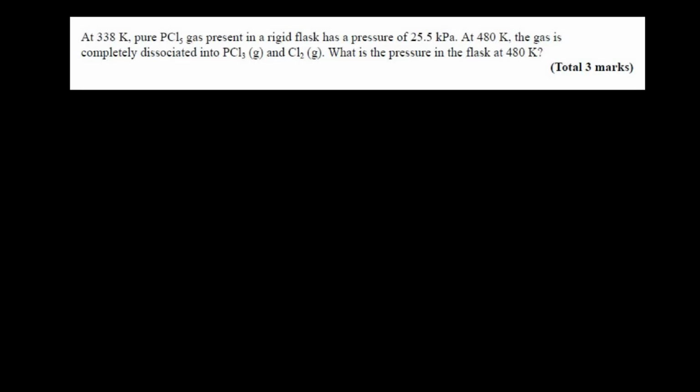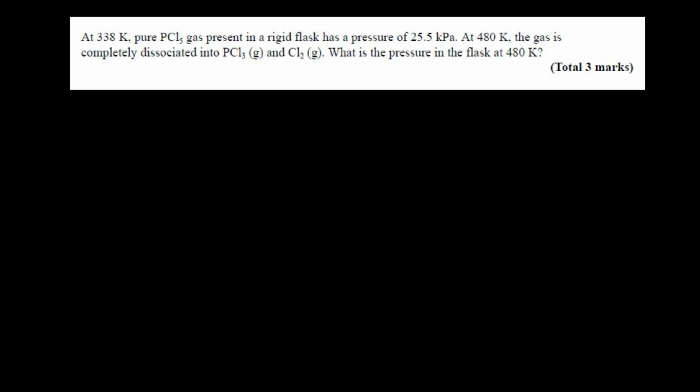Okay, so the question is: at 338 Kelvin, pure PCl5 gas present in a rigid flask has a pressure of 25.5 kilopascals. At 480 Kelvin, the gas is completely dissociated into PCl3 and Cl2. What is the pressure in the flask at 480 Kelvin?